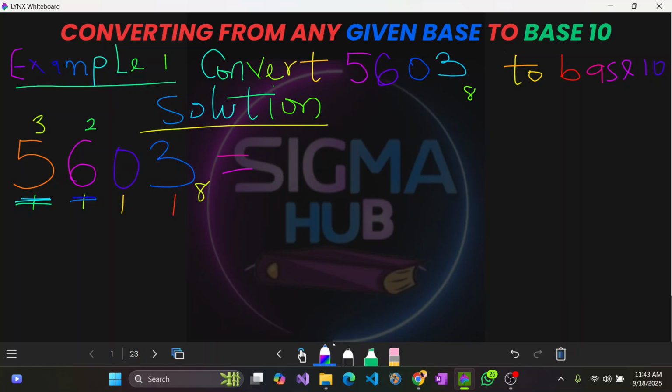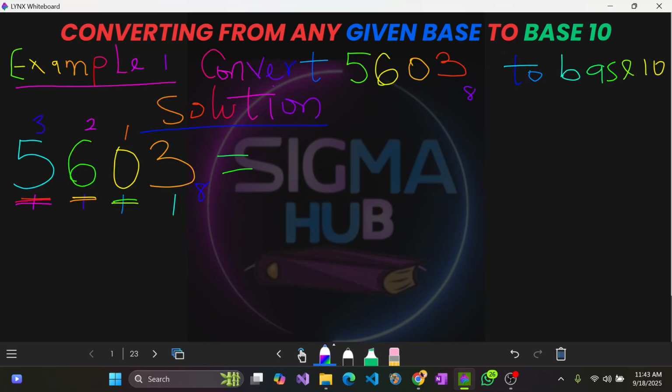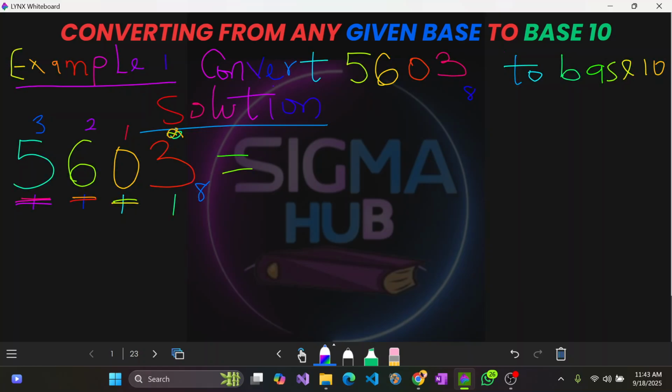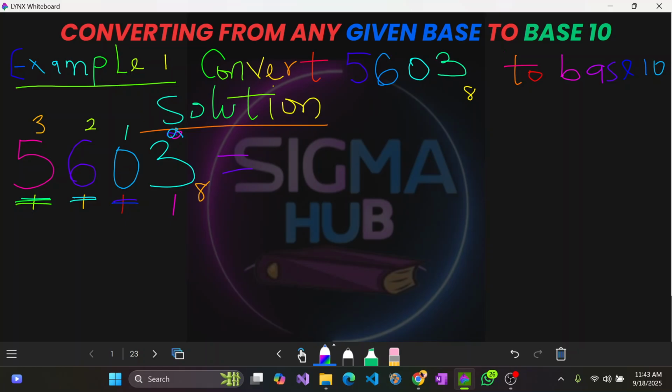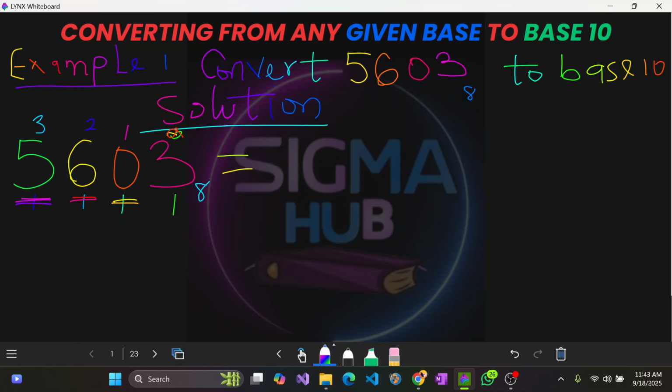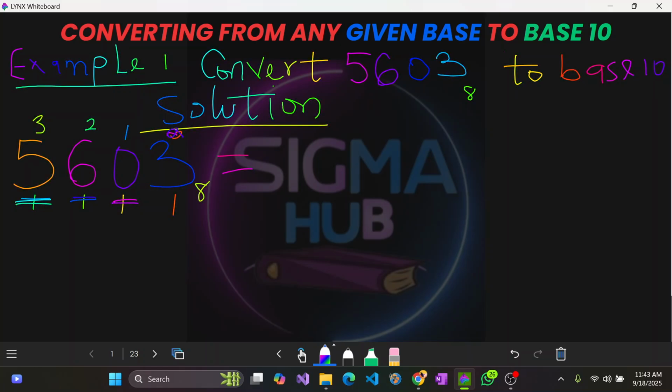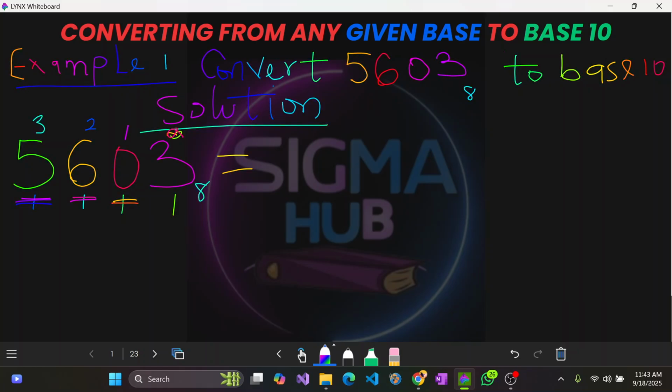If we are multiplying 0 by 8, then the power of 8 is going to be 1. Then if we are multiplying 3 by 8, the power of that 8 will be 0. So you start from 0, 1, 2, and 3. Sometimes you can be given more digits than this, so you can have as many as possible. You start from 0, 1, 2, 3, then if you have more, 4, 5, 6, and as many as you are given.